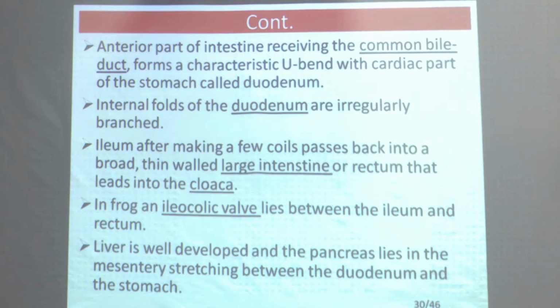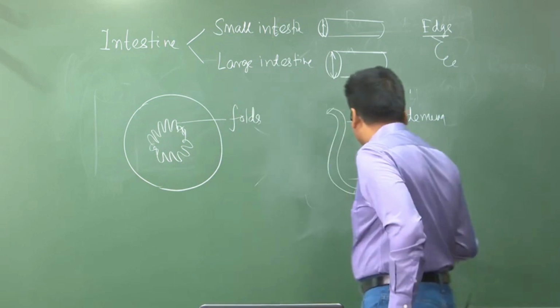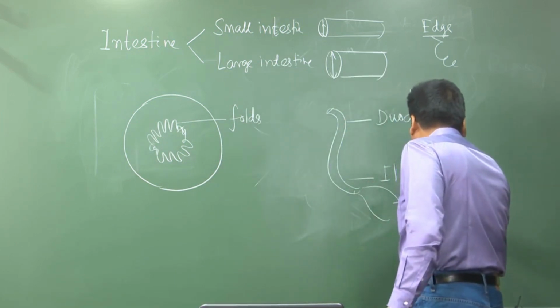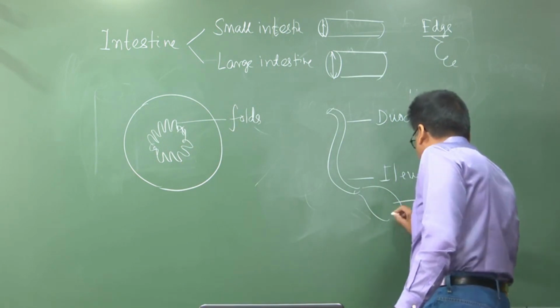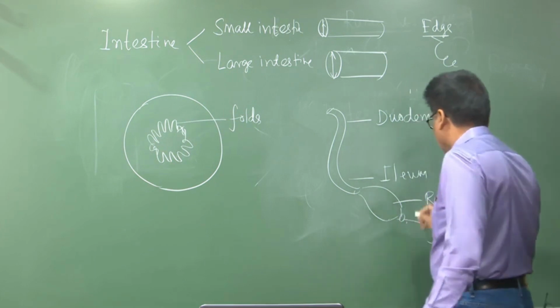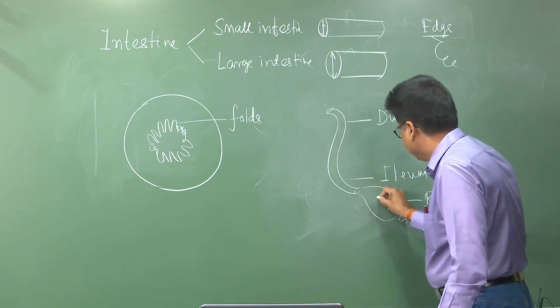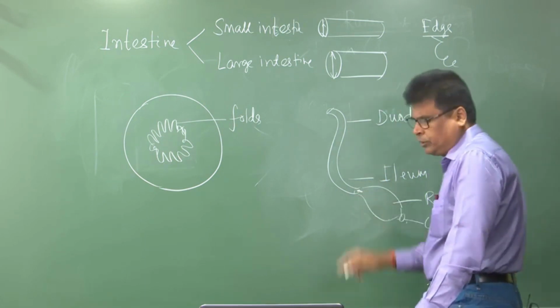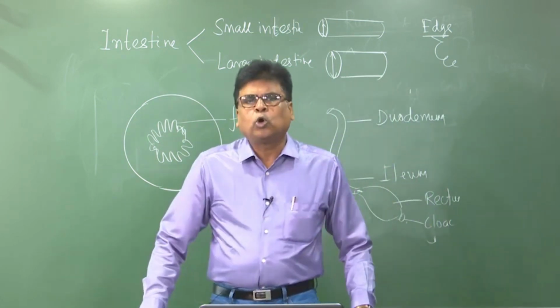Okay. So in the frog, an ileocolic valve lies between the ileum and the rectum. If this is the ileum and this is the last part, the rectum, the rectum opens to the aperture known as the cloaca. Here one valve is present, and this valve is known as the ileocolic valve.